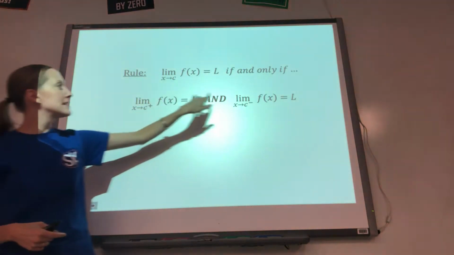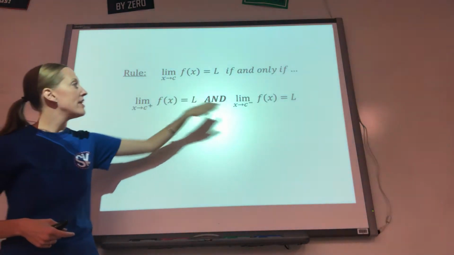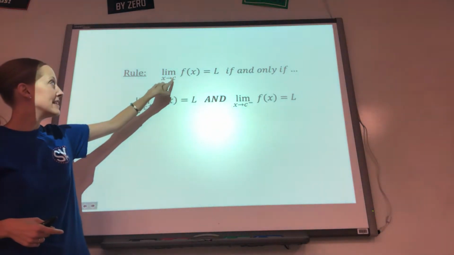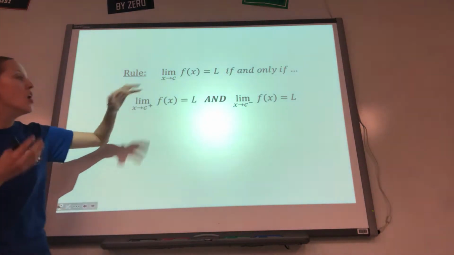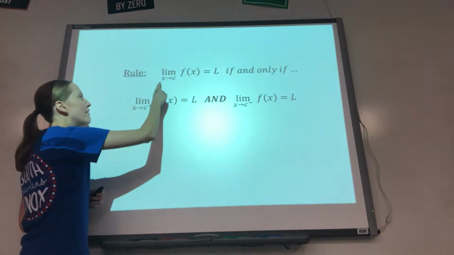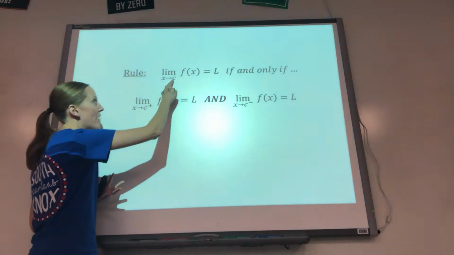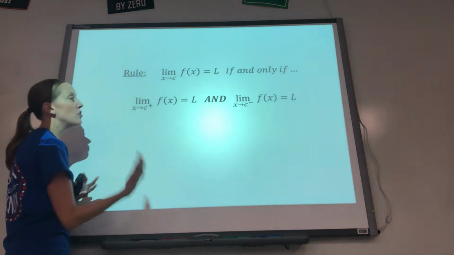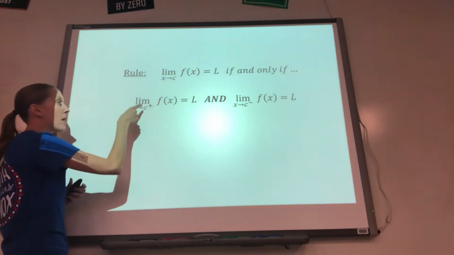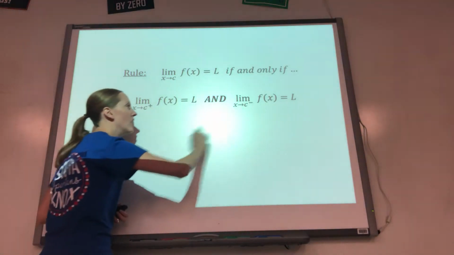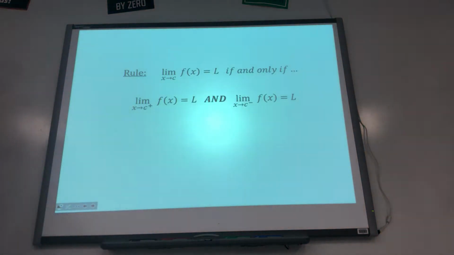If both of these limits equal L, then you can assume that this limit equals L. Or if you know in general that the limit equals L, you can go ahead and assume that from the right it equals L, and from the left it equals L. So if and only if kind of works either way.